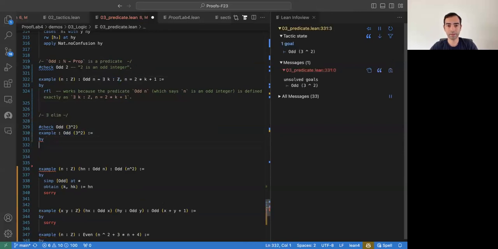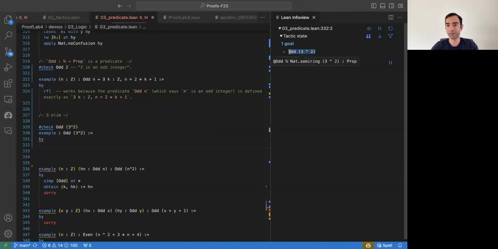To see that Lean understands this, this is our goal, and we have no hypothesis currently, because the left-hand side is empty. So we cannot use any assumptions because we simply don't have any. But one thing we can do is unfold the definition of odd. So we can do unfold odd.